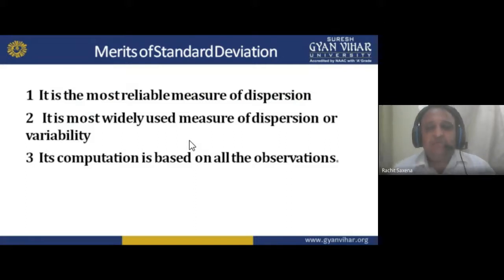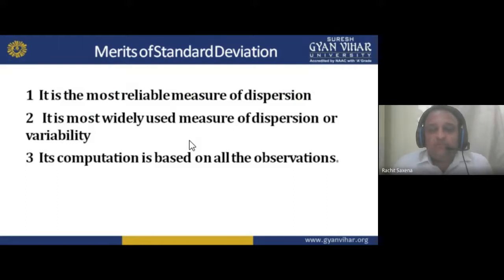Now, it is good to understand variability. The word variability comes from variable, meaning changing, dynamic. So it is the most widely used measure of dispersion or variability.